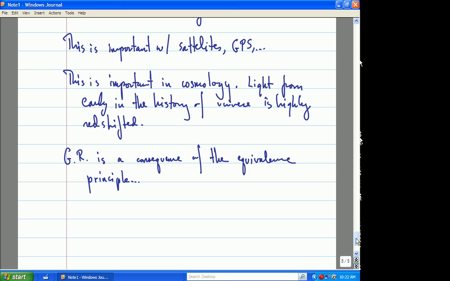The reason why this is the case is that locally, at least, gravity is, by the equivalence principle, equivalent to acceleration. And changes in velocity, namely acceleration, will lead to the Doppler effect. And the Doppler effect is nothing more and nothing less than the statement that the wavelength of light will be redshifted or blueshifted. So we could imagine doing the following experiment.